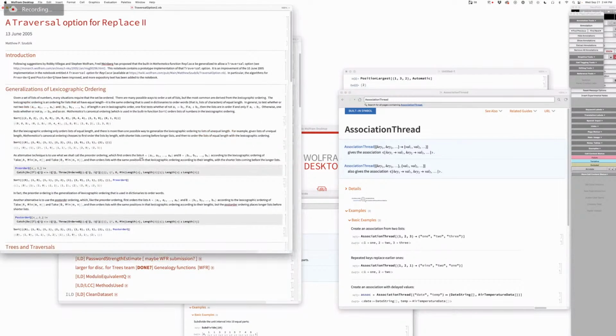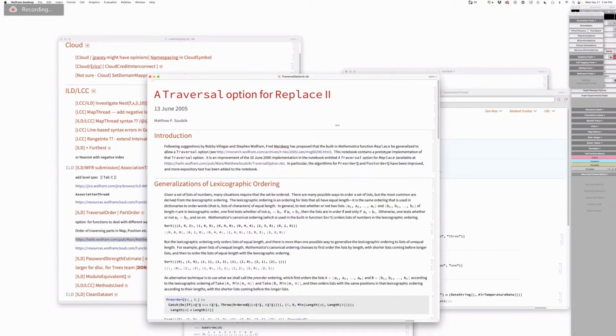Oh my gosh. 2005. You know, we're in a long-term business. That's the good news about this. Have you looked at this? No, I haven't seen this, but for tree traversal order we did this comparison with lexicographic order and canonical order.